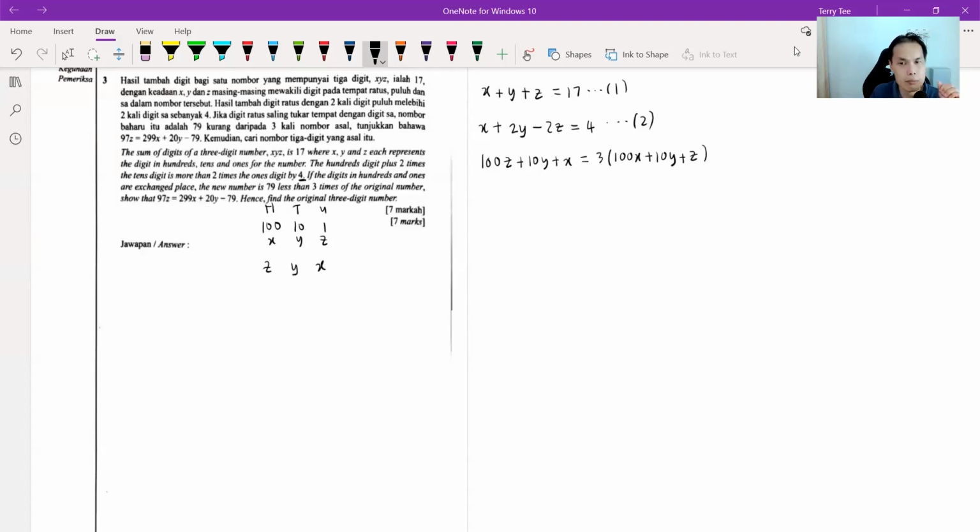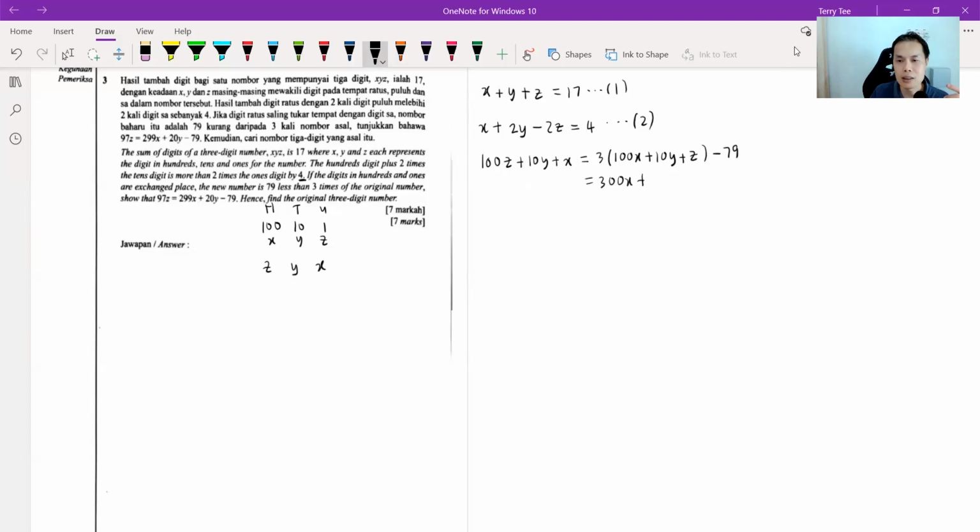But this new number is smaller, it's smaller by 79, so you minus 79 at the back. It's easier to think that way, because sometimes you don't know where to plus or to minus. So this new number compared to the original number is smaller by 79, so we minus 79 from 3 times the original number. With that, we can expand and simplify this.